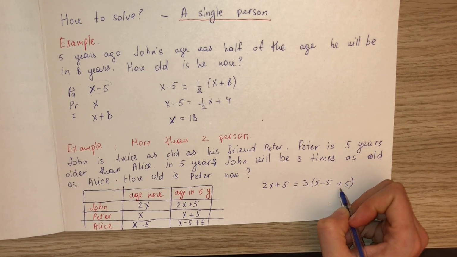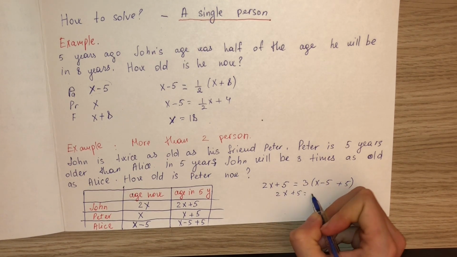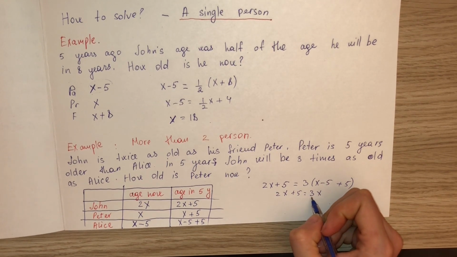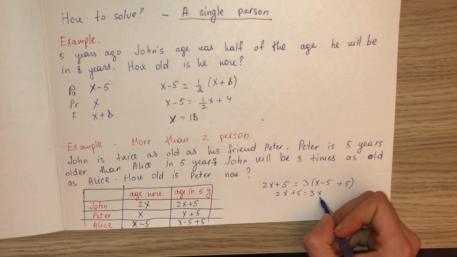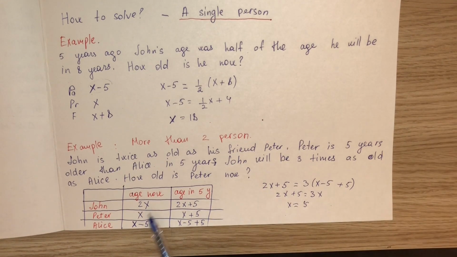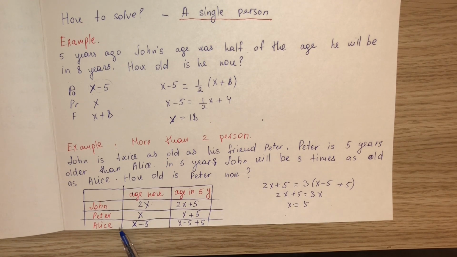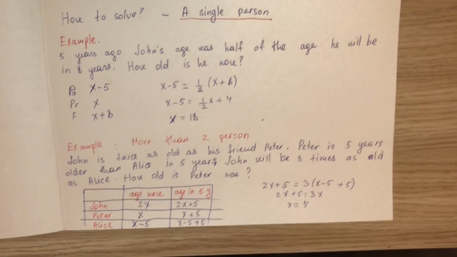So 2x plus 5 is equal to 3x. The isolated variable is x, so x is equal to 5. The answer is that Peter now is 5 years old, John is 10, and Alice is not born yet. Great.